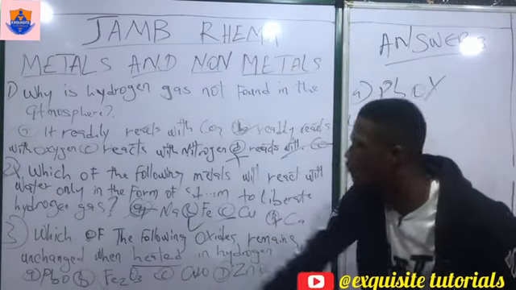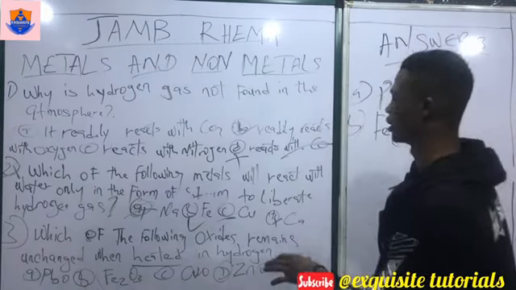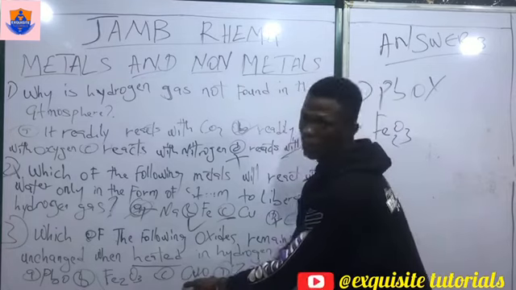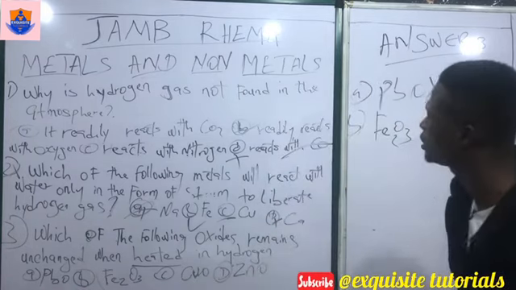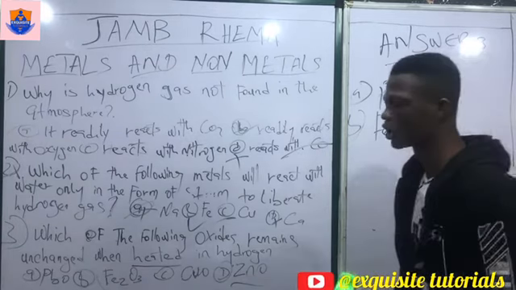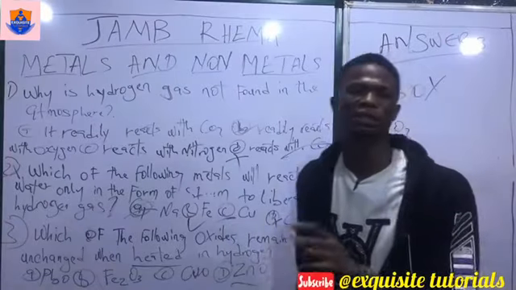Now we have copper oxide. Copper is below hydrogen in the electrochemical series, so definitely hydrogen can displace copper from its oxide. Now this is zinc. Zinc is a very reactive metal which is higher than hydrogen in the electrochemical series.